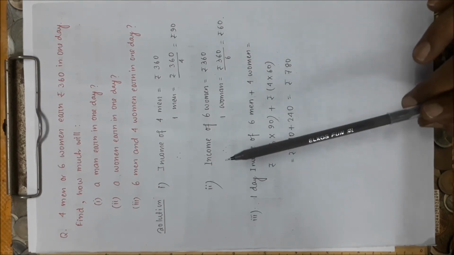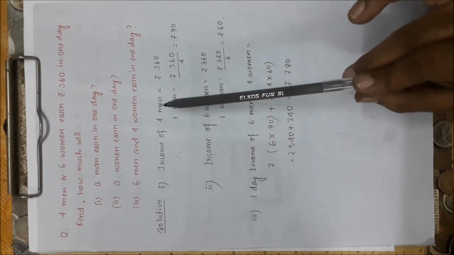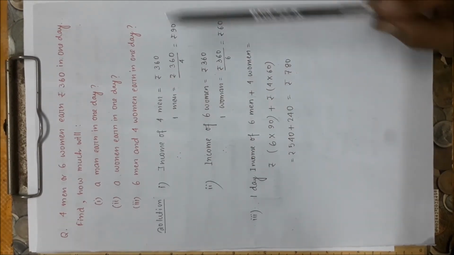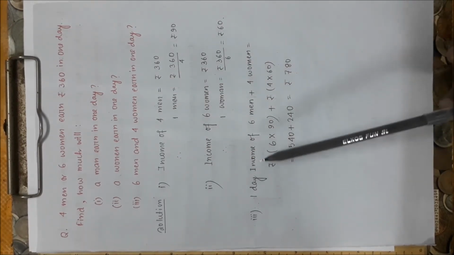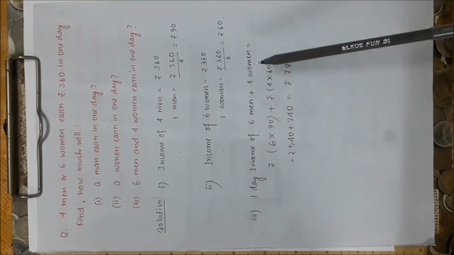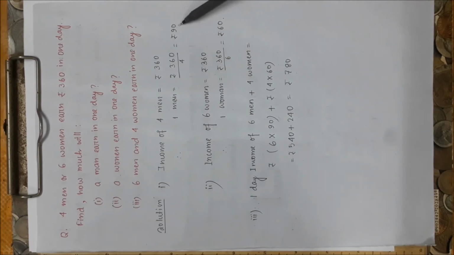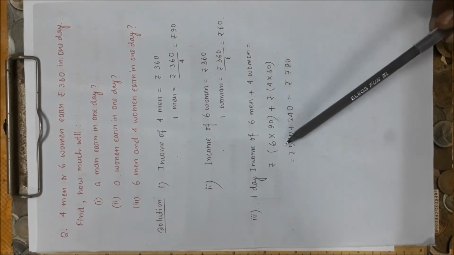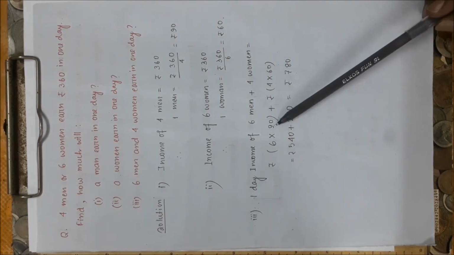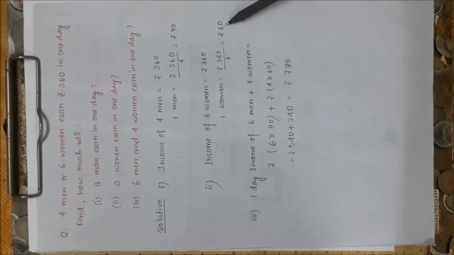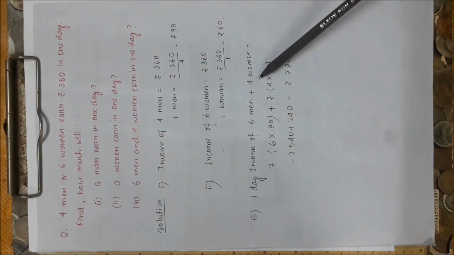Now the third part is 6 men and 4 women earn in 1 day. That means we need to find out the 1 day income of 6 men and 4 women. So 1 man income is rupees 90. Therefore 6 men income will be equal to 6 into 90. And 1 woman income is rupees 60. Therefore income of 4 women equals 4 into 60.